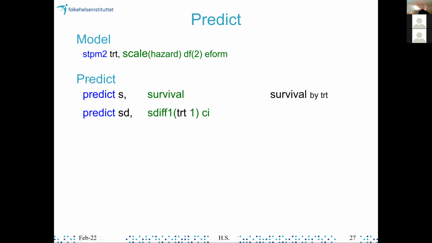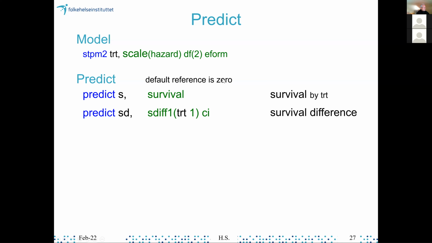We can predict survival differences into a new variable called ST. And this says that our survival difference 1 is to compare treated 1 to something. And that something is always the reference of 0. So we don't need to put in survival difference 2 in this case.